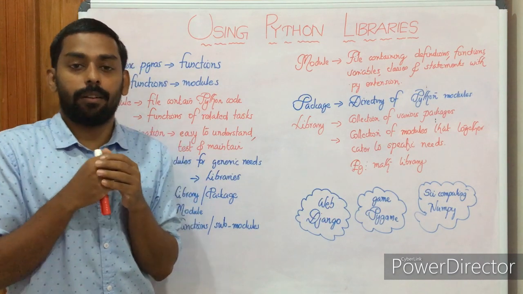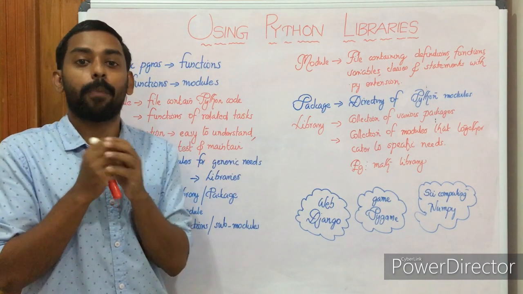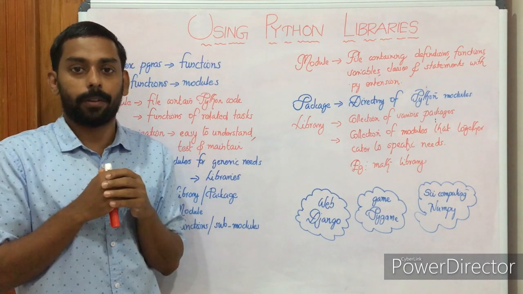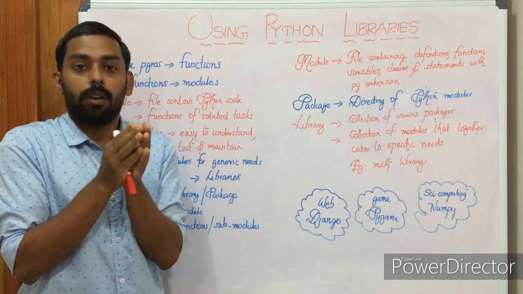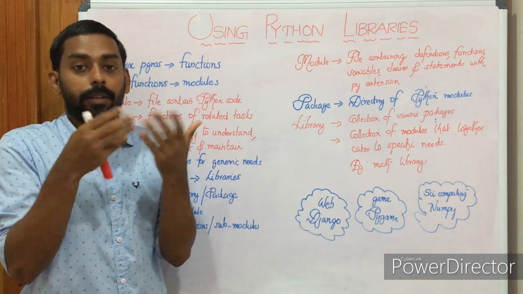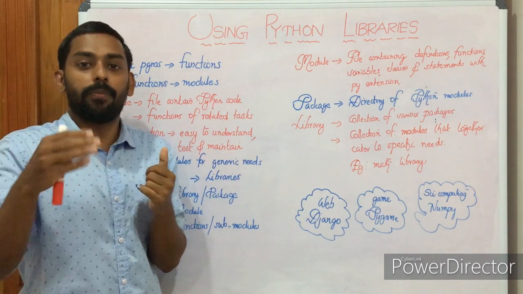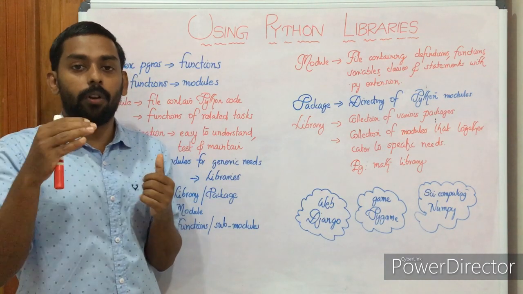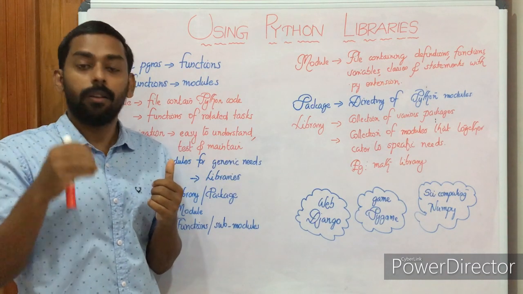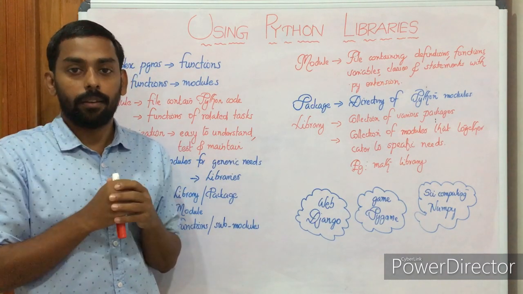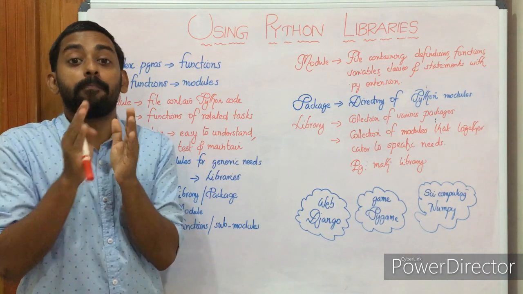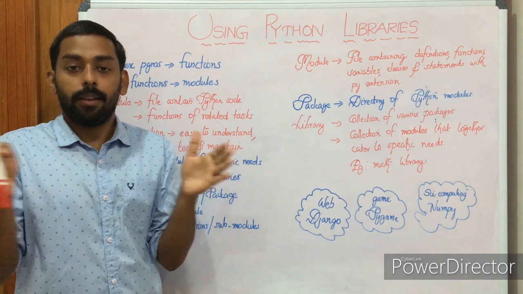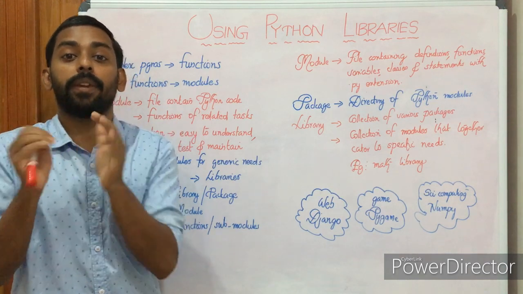Let's consider an example: a school management software, or system. We'll have a number of modules: a module for managing your academic data, a module for managing your non-academic data, a module for managing your official data, a module for managing your fee. Let's consider fee. In the fee module, we'll have a number of functions which are related to fee.